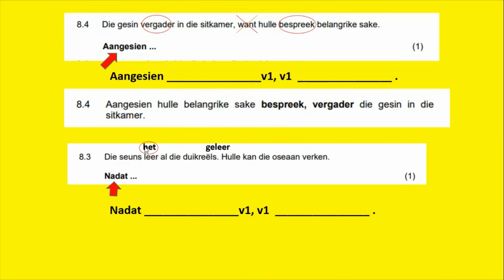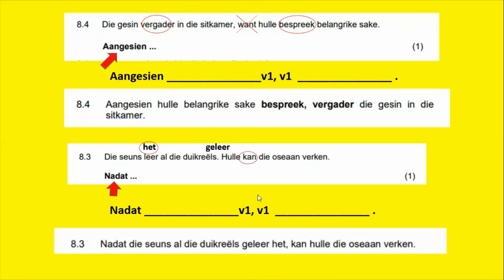Remember, het is a superverb, so it's going to stand after geleer. And then verb 1 of the other one, what is that? Kan. Kan will go in there. Let's see it. Nadat die seuns al die duikreëls geleer het, there we have het, move to the end. And then we have to start with verb 1. Kan hulle die oceaan verken?